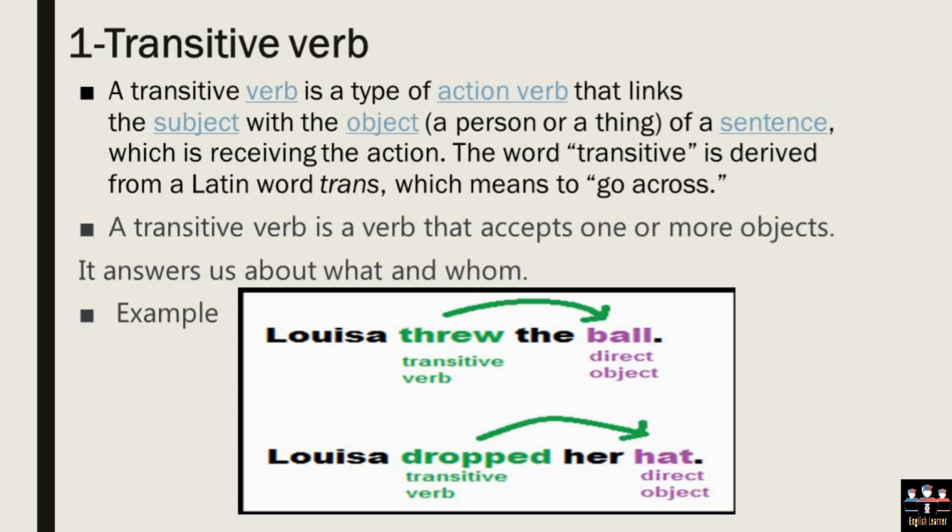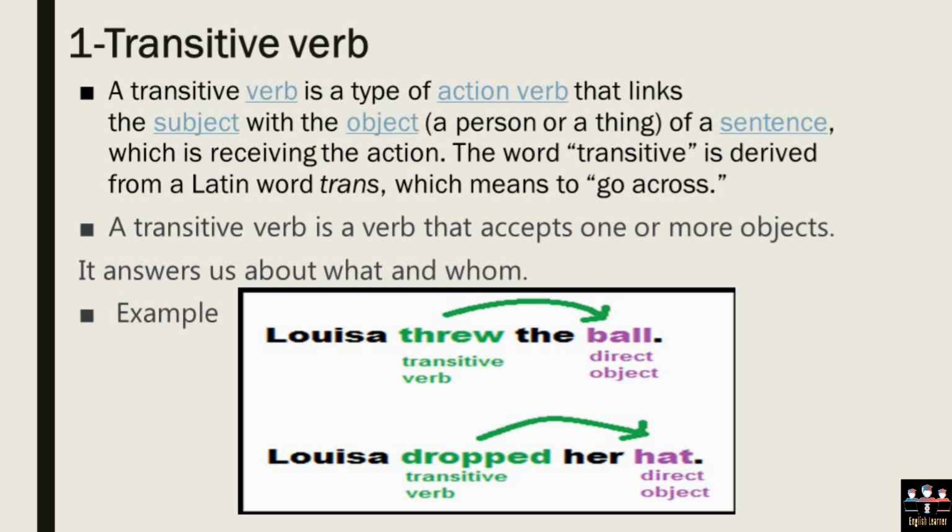So a transitive verb is a type of action verb that links the subject with the object. As I told you, whenever we deal with sentence structure, we should have subject, verb and object in their basic form in the sentence.